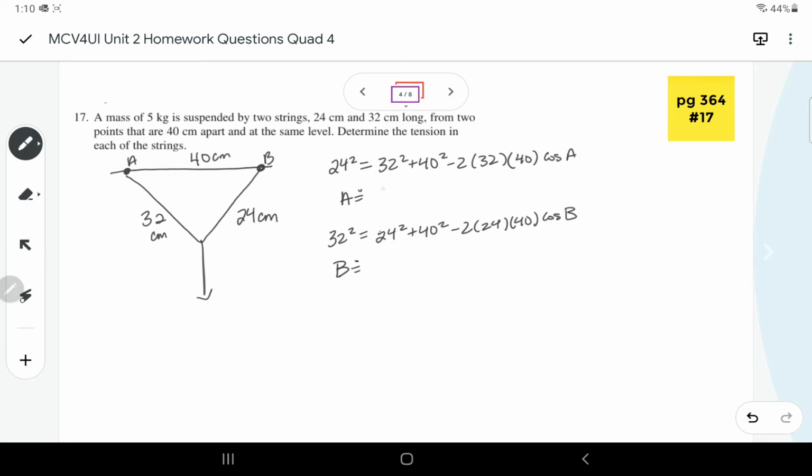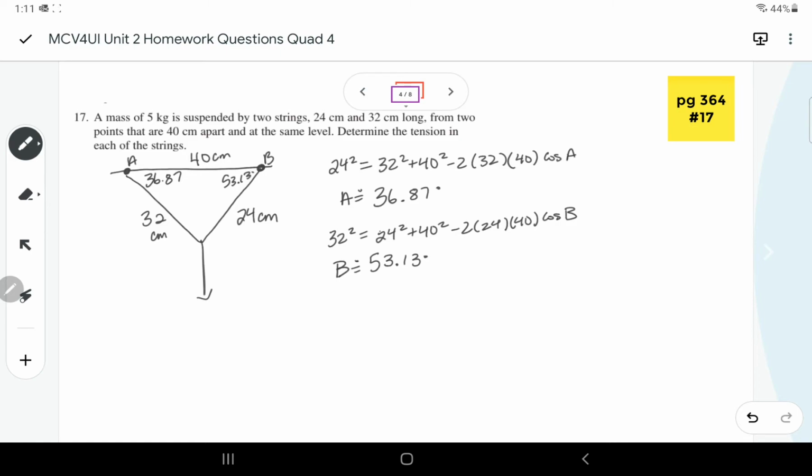Angle A, I get 36.87 degrees. And angle B, I get 53.13 degrees.